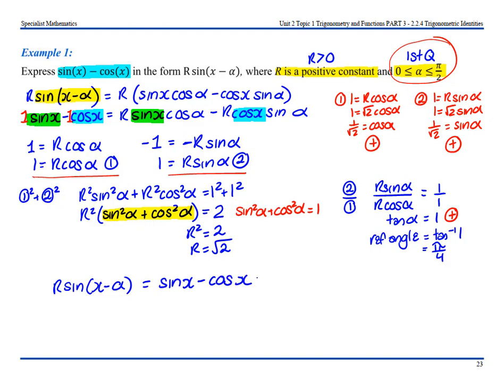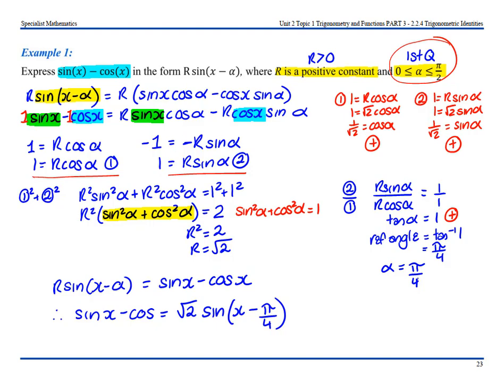That's what I started with. Therefore, we can write our sine of x minus cos of x has to equal my r, which is the square root of 2, sine (x minus), and my alpha was pi on 4. And I need to actually write that. I said it, but I didn't write it, remembering our alpha is pi on 4.